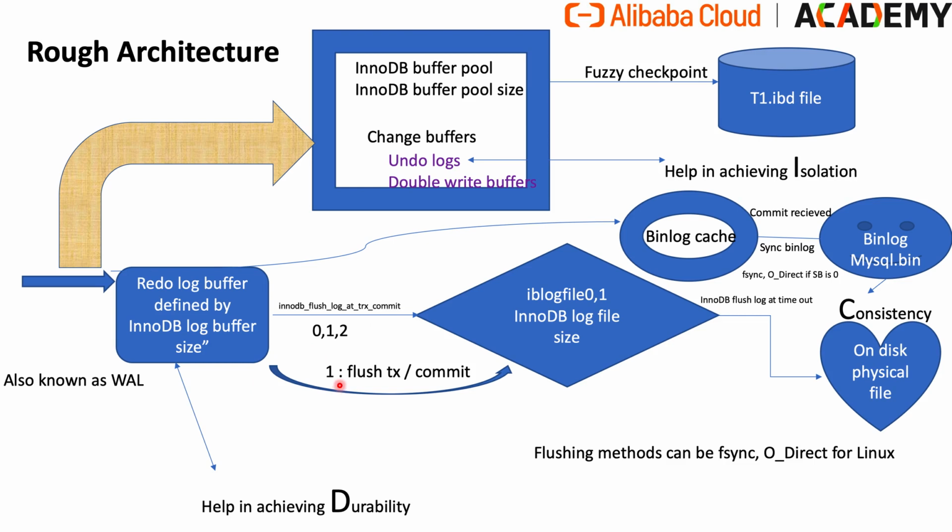But if you want to go for one, you can achieve high data security. So even in case of any kind of crash, you will achieve data security. It's up to you whether you want to go for performance or for security. But the ideal setting is one, because it saves your data from getting lost.